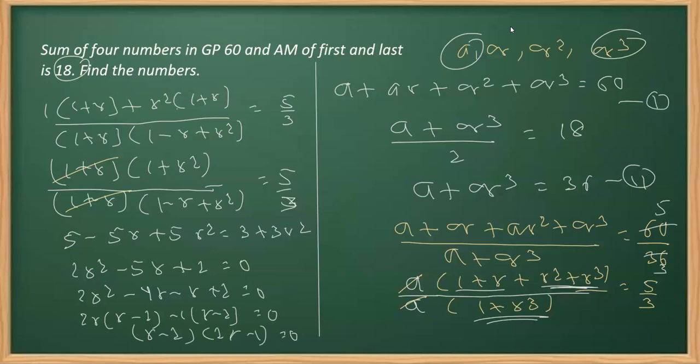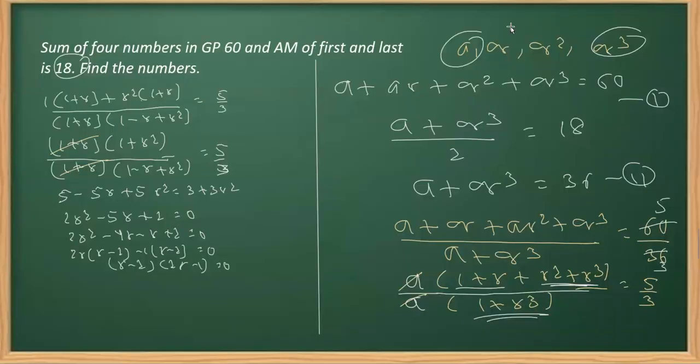Now what do we see here, that we got two factors. We got two values of R. One is 2 and the other is half. These are the two values of R. Now what we had to get is the value of A. So we can place the value of R here. On placing R as 2, we'll get A as 4.